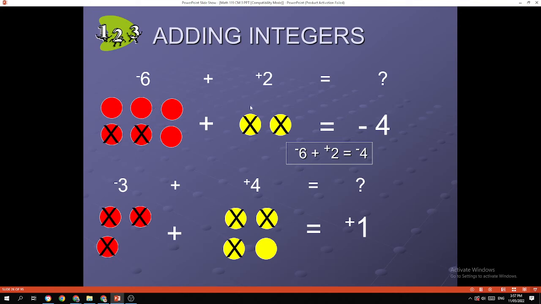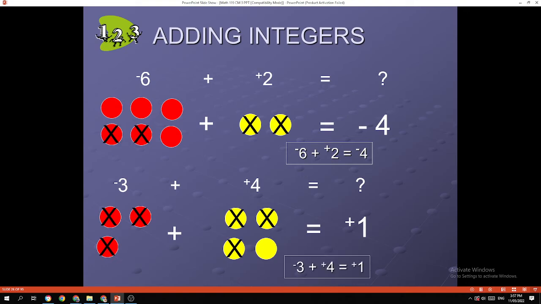Nya kung human na mo sa tanang rules, nakabaw na jud sila, ang positive ug positive kay positive ang answer, negative ug negative kay negative ang answer kung i-add na ako. Then you let them, ayaw na mo pag colored counters kay kabalo naman sila sa rules. Na-discover naman nila ang rules. Is that clear about adding integers?